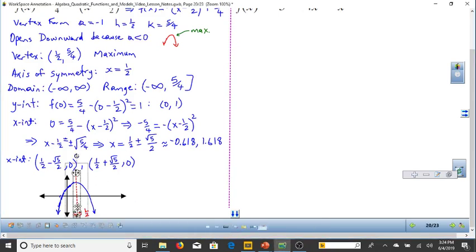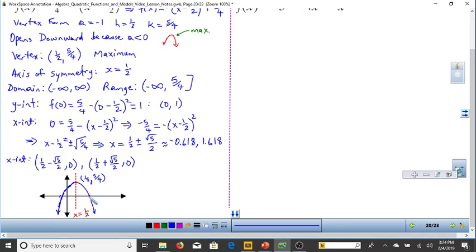And then my vertex here is the point half comma 5/4, which is 1 1/4.